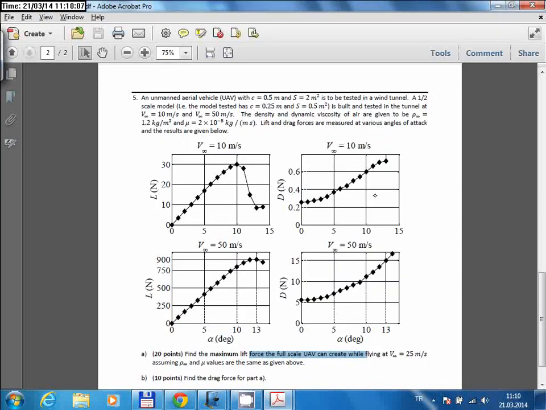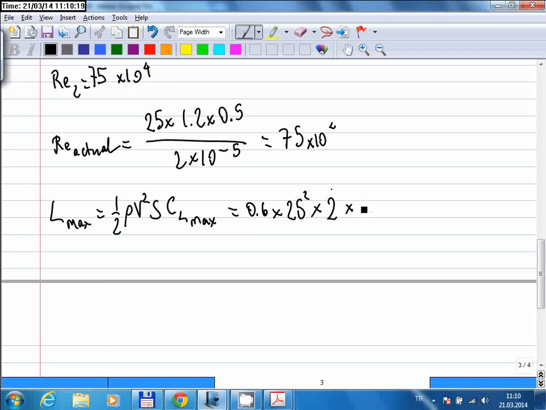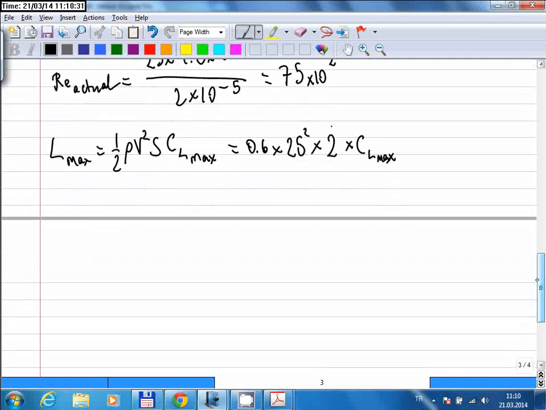times CL max. And since we decided that we should use this data, we need to find the coefficient before we can use that. Let me just write CL max. But that's for the small scale version, the wind tunnel model, not the actual aircraft. So let me just put this equation here.